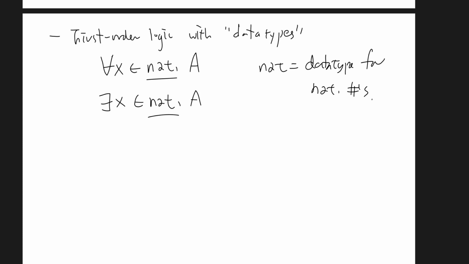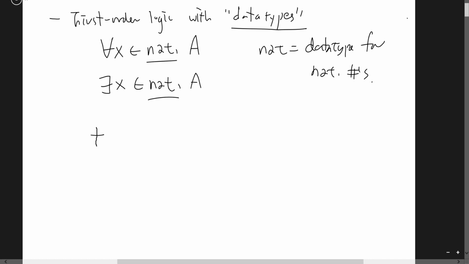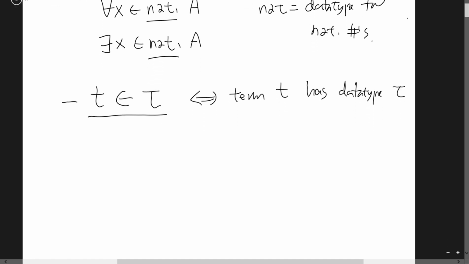And when we discuss these data types, the main judgment is this one. Term t belongs to data type tau. So this reads, term t has data type tau. This is a new form of judgment, and we will use natural deduction again to define the inference rules for these judgments.